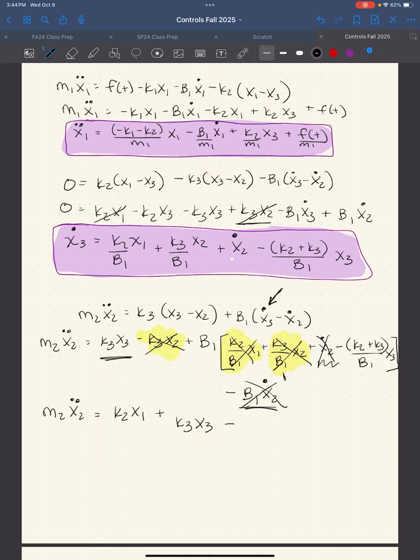The b1's cancel out, so minus k2 x3 minus k3 x3. And again, I have another cancellation, k3 x3 minus k3 x3. So I should get x2 double dot equals (k2 x1 minus k2 x3) all over m2. That was a lot of cancellations.